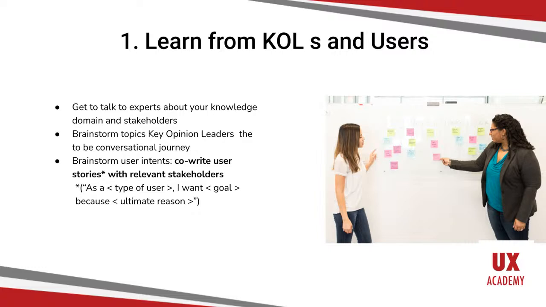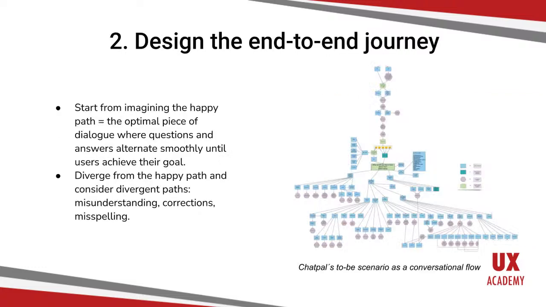And you can really do co-writing activities like writing user stories together with your stakeholders. And in those very sessions, another good idea is to lay out the to-be flow, the to-be scenario of your conversational flow, starting from what is called the happy path.